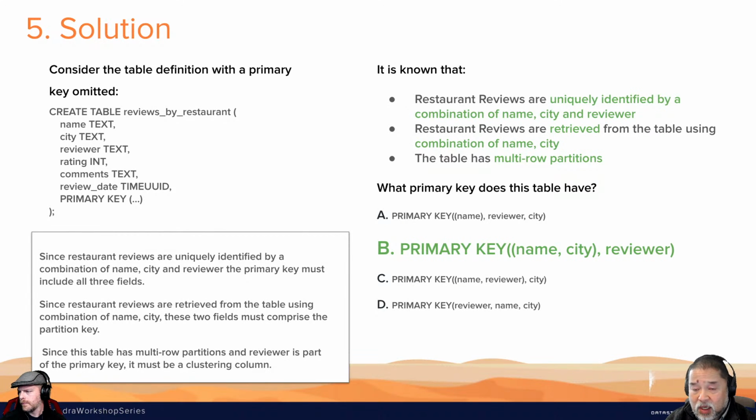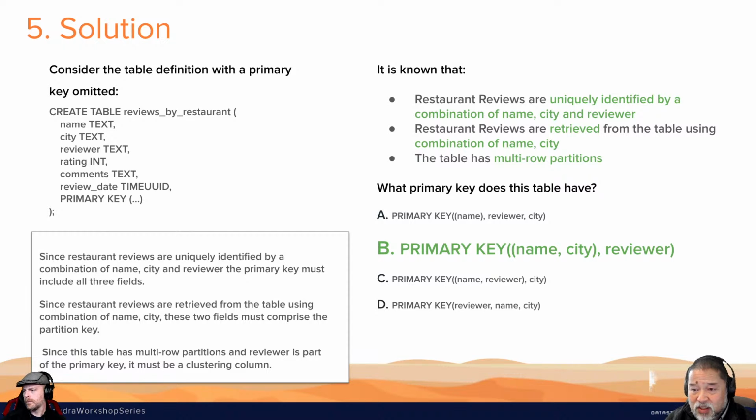The primary key uniquely identifies a row, so all of those need to be in the primary key. The second one, the restaurant reviews are retrieved by using a combination of name and city. So that means that name and city need to be part of the partition key, and that narrows it down right away.